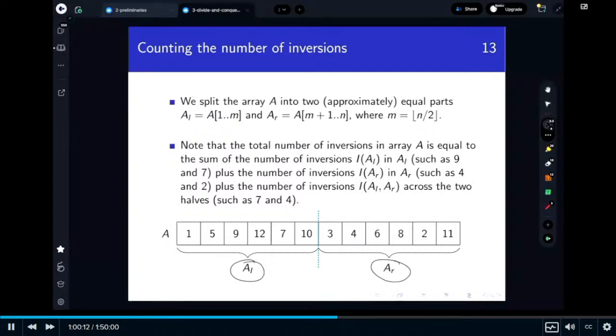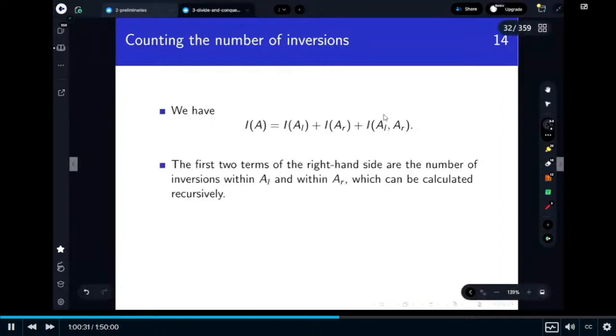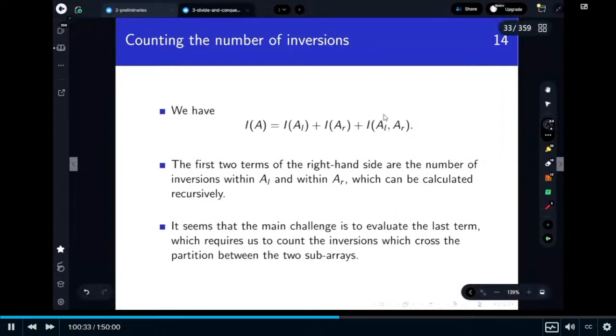That's the main challenge. So the total number of inversions is the inversions inside AL, inside AR, and across, right? The first two are easy. The main challenge is to evaluate the last term.